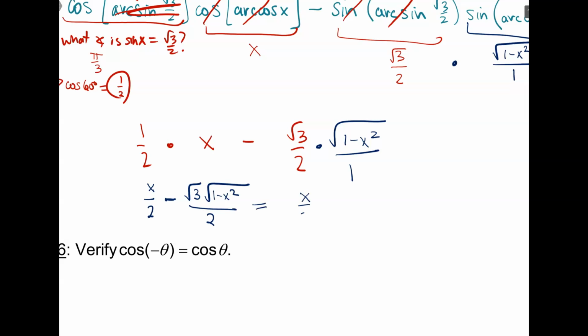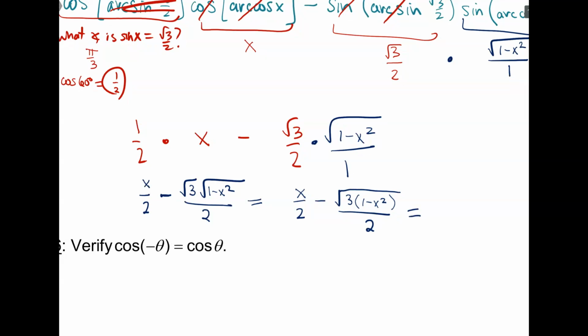That's the same thing as x over 2 minus, when you have two roots, you can multiply whatever's underneath them. So it'd be the square root of 3 times 1 minus x squared, all over 2. We're getting closer. We're almost there.